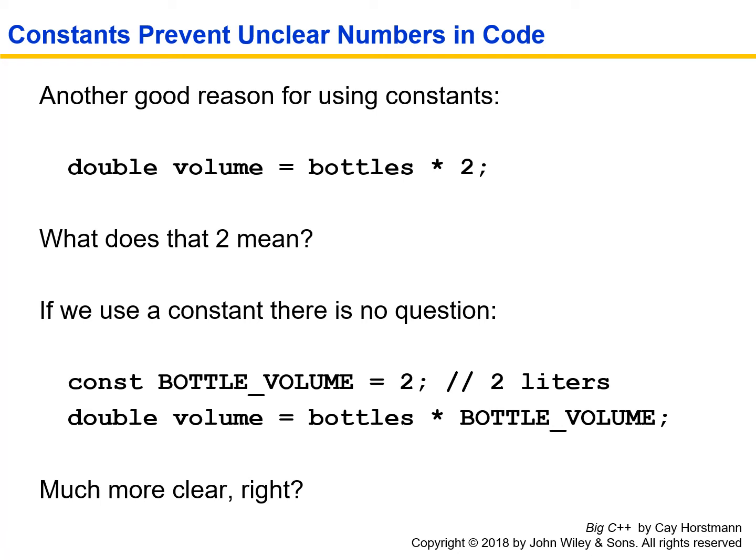So if we use a constant and say const bottle volume equals 2, and especially if we then leave a comment there that says 2 liters, then we can say double volume equals bottles times bottle volume, and that's much more clear about what we're doing with that. We're not doubling the bottles, we're just multiplying by the volume per bottle.